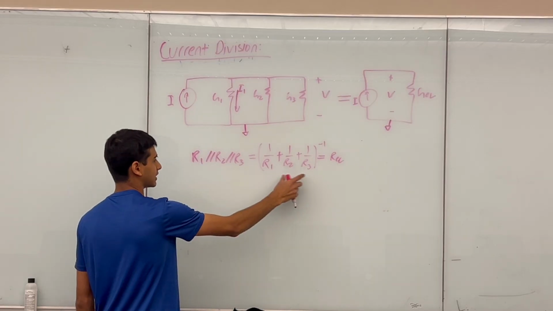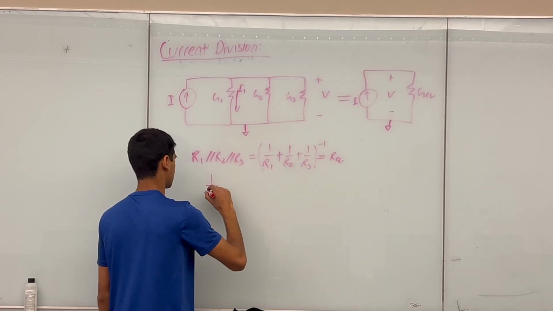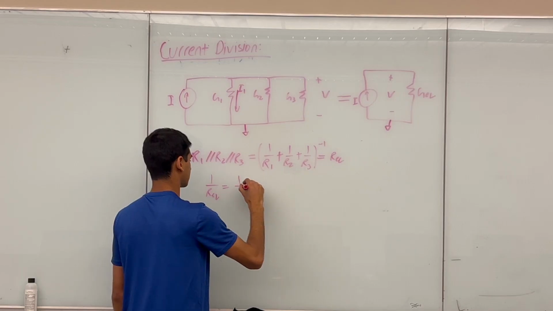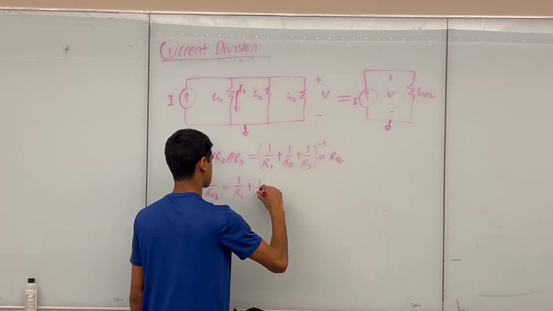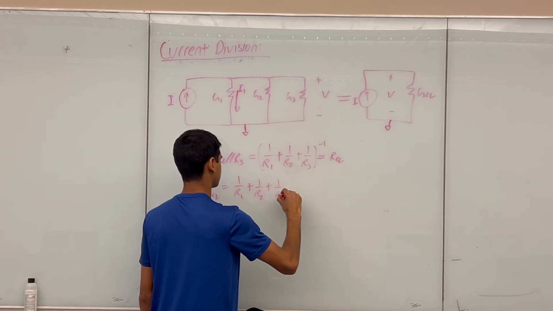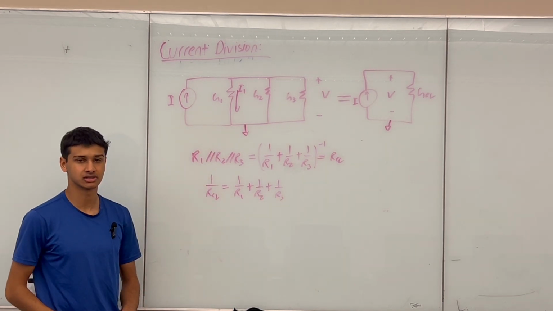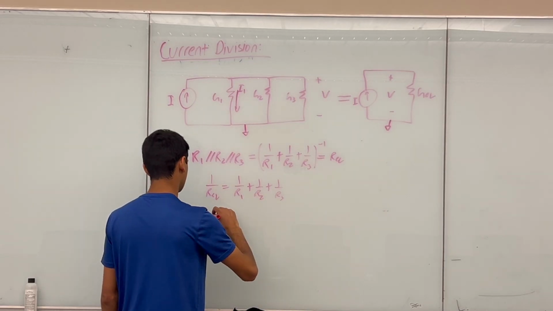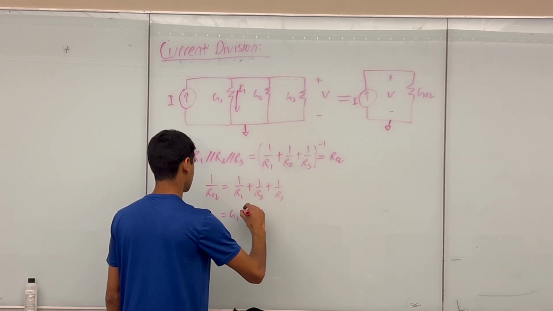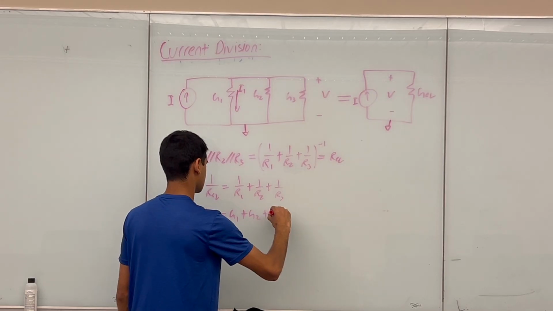Now, if I wanted to write that out in a different way, I could write that 1 over Req equals 1 over R1 plus 1 over R2 plus 1 over R3. Now, I can replace each one of these with the corresponding conductance. So I get that Geq equals G1 plus G2 plus G3.